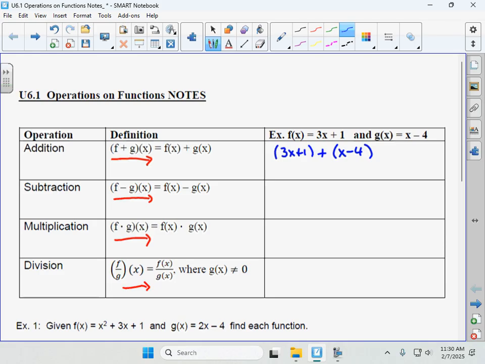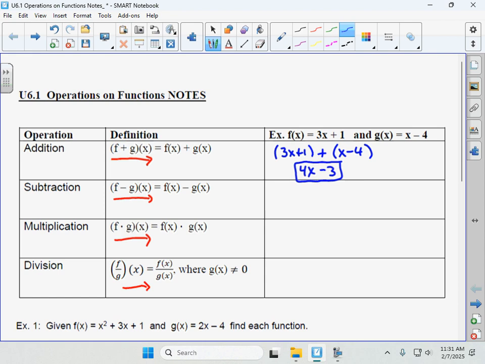We're just adding 2 polynomials, and when we're adding, we can just drop the parentheses and collect like terms. All right, so this is really 3x plus x, which is 4x. And then 1 plus negative 4, that's going to be negative 3. All right, so this is what f of x plus g of x simplifies to, 4x minus 3.